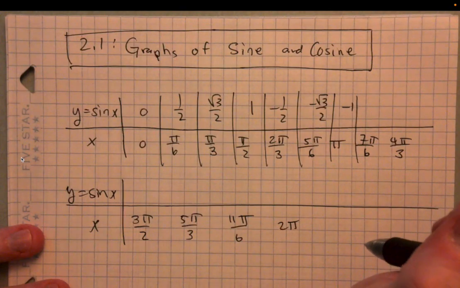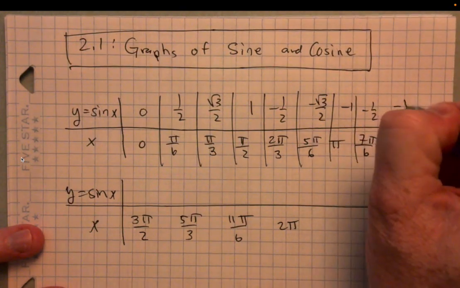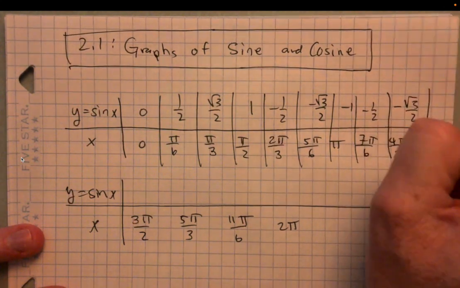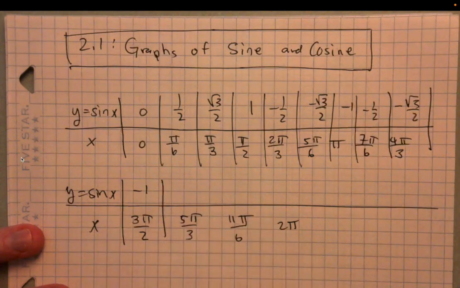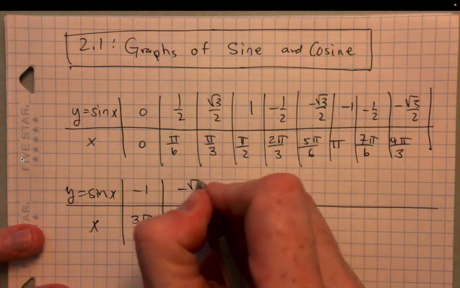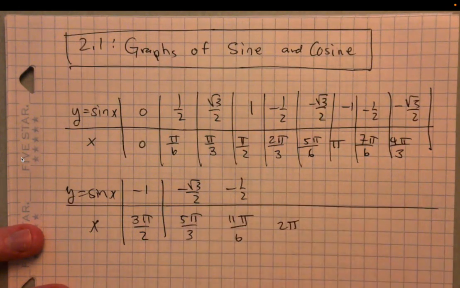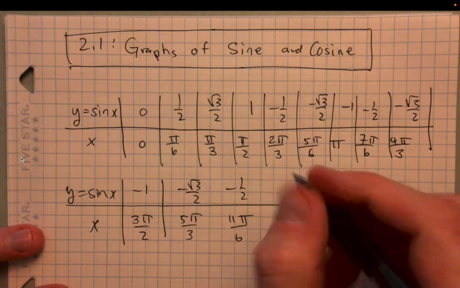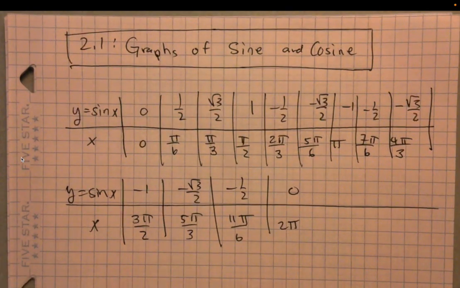And then at 7 pi over 6, we've got negative 1/2, negative square root of 3 over 2. And then at 3 pi over 2, we've got another negative 1. And then negative square root of 3 over 2, negative 1/2, and 0. Looking at these values, it may not be obvious what the pattern of the sine function is.